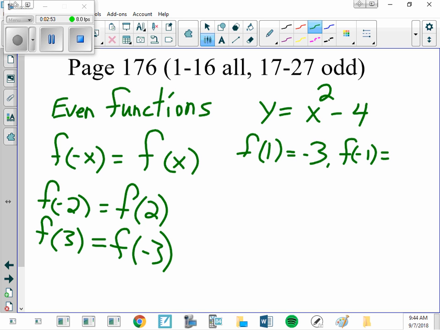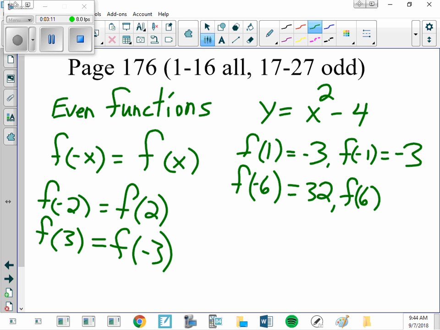I get negative 3. That's a good sign, right? Okay, let's plug in 6. Or how about negative 6? What happens when I plug in negative 6? 32. And if I plug in f of 6, I also get 32.